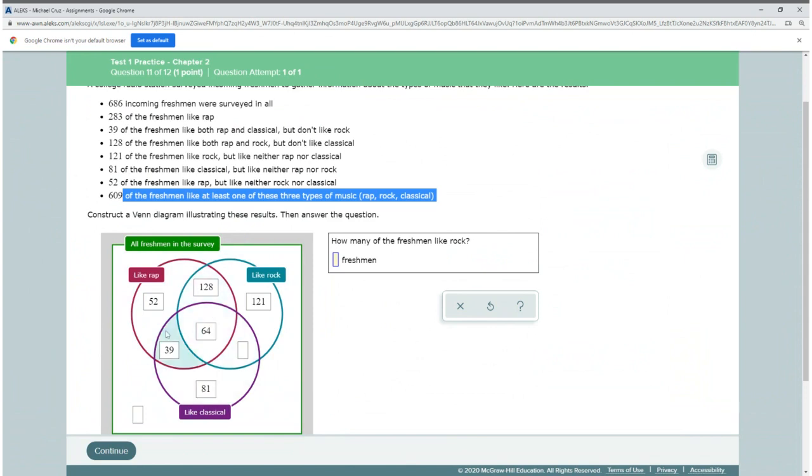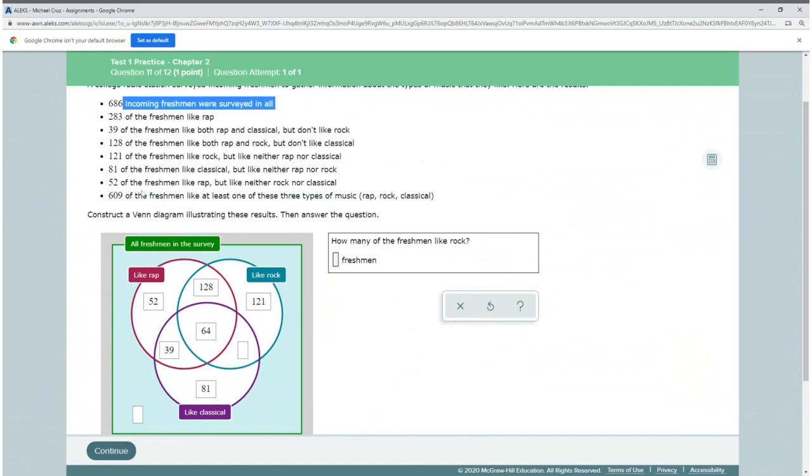We could add up all the numbers inside the circles. In other words, the union of all three has to add up to 609. So this outside one is going to be 686 minus 609.